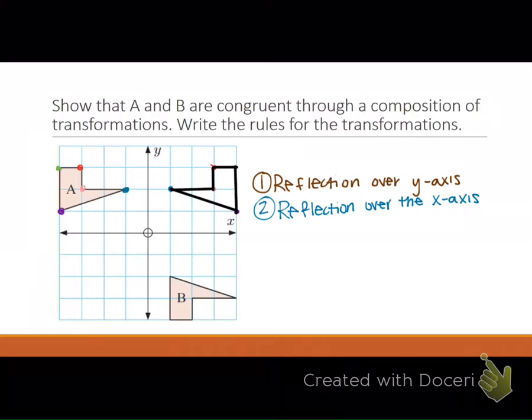So this point here is 1, 2, 3, so I need to go 1, 2, 3. This point is 2, so I need to go down to 2. That point's 2, so it needs to stay 2. Red is 3, so I need to stay 3. Purple point is 1, so it needs to stay 1 away.